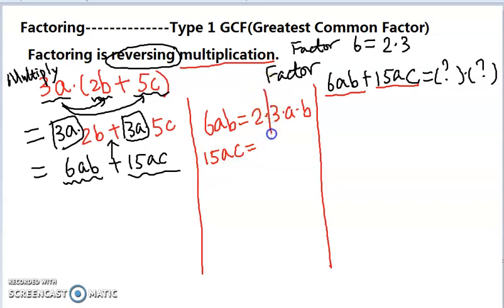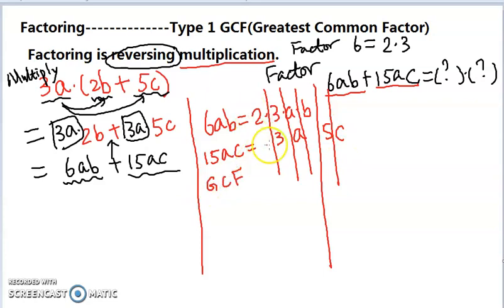We're going to line up the same number 3, and create a new column for 5 because there's not a column for it. I want to line up the same numbers. And then A, which we can't break down, so let's line up A with the one A we have. And C, we don't have a C column yet, so let's create a new column for C. Now the GCF will be the common ones, in other words, what is contained in both of them.